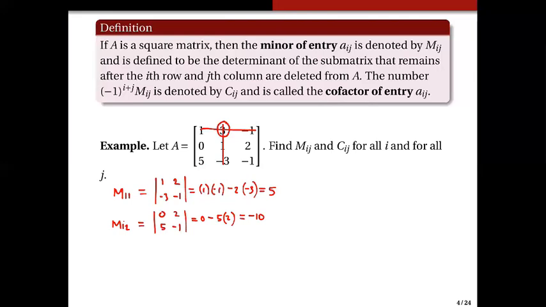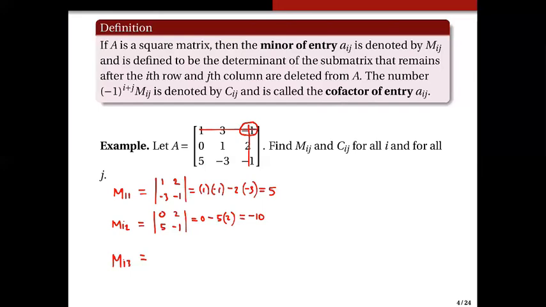M13. This time we are going to look at entry a13, on the first row and third column. So we delete this column, we delete this row. So first row and third column are deleted.